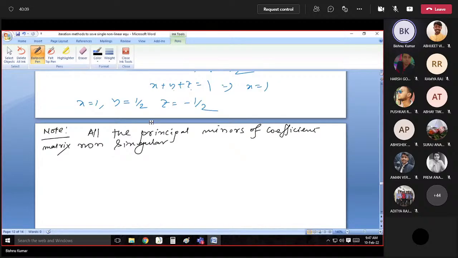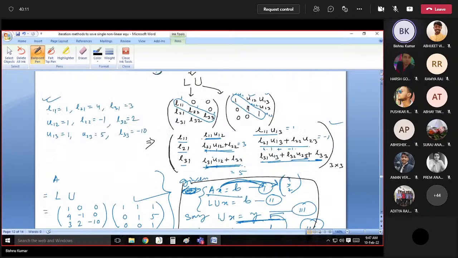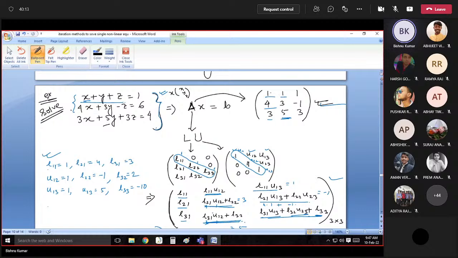Actually, whatever this system is, its coefficient matrix is this. For any system, its coefficient matrix has principal minors. If this is a 3 by 3 matrix, then it will have 3 principal minors.